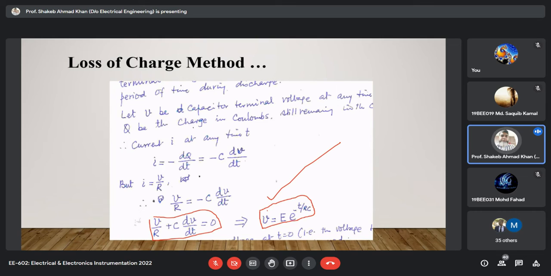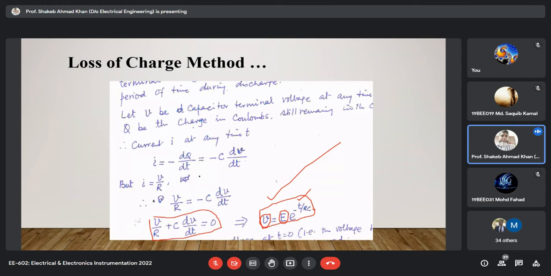We have the initial voltage up to which the capacitance is charged. This is the voltage with respect to time, and with respect to time we are taking the reading.